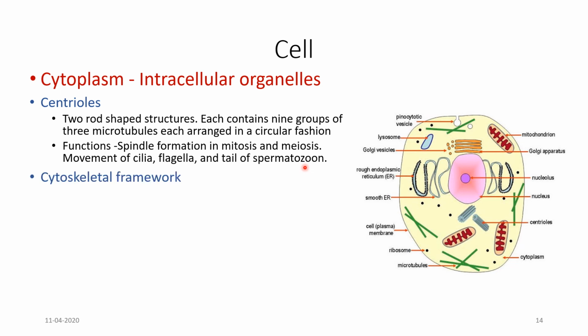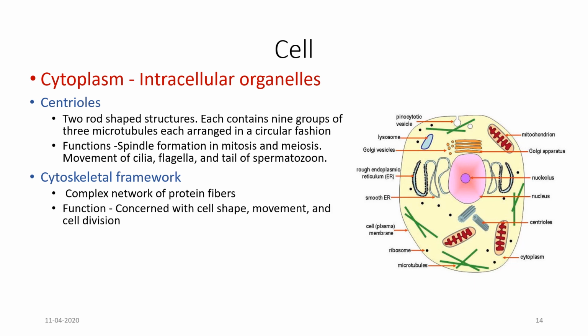The other one is the cytoskeletal framework. It consists of a complex network of protein fibers, and the function of this cytoskeletal framework is it is concerned with the maintenance of cell shape, the movement of cells and cell division.